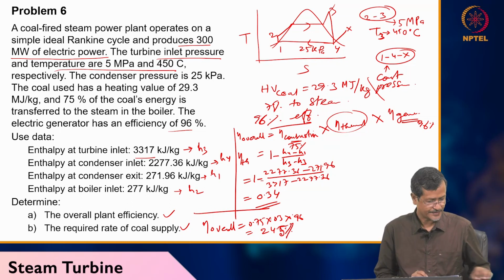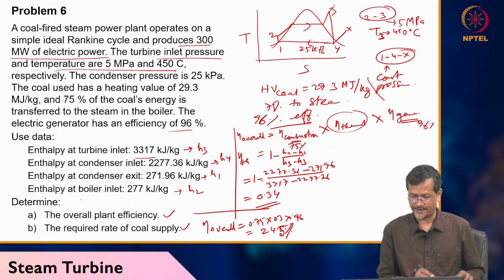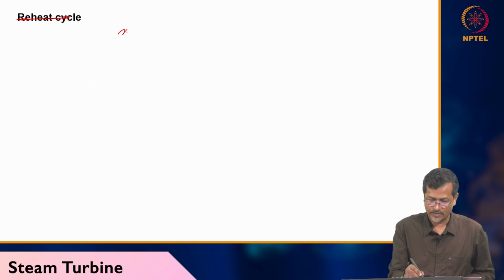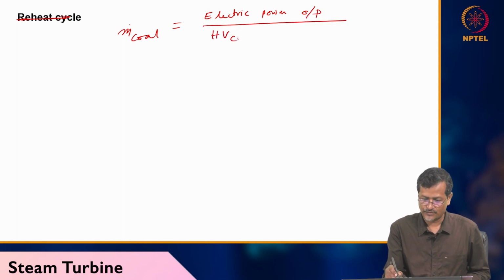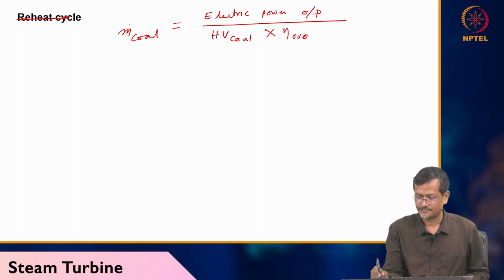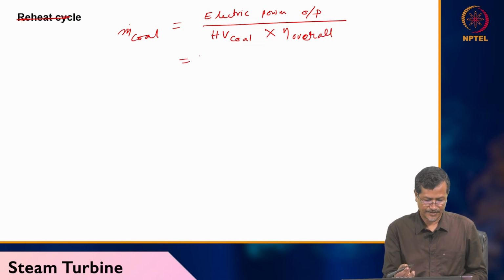Okay, now the next part: how much coal is supplied. M dot coal supplied equals electric power output divided by heating value of coal into eta overall efficiency. So electric power output is given in your data. It is 300 megajoule, 300,000 kilojoule per second.